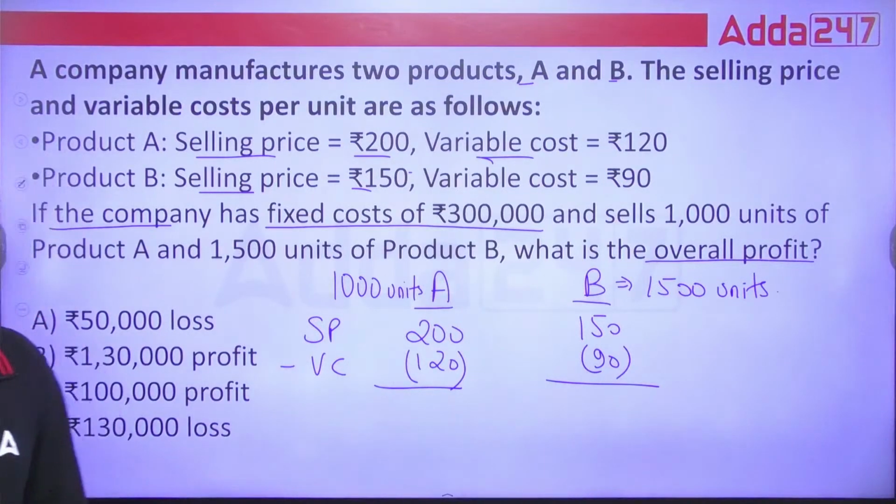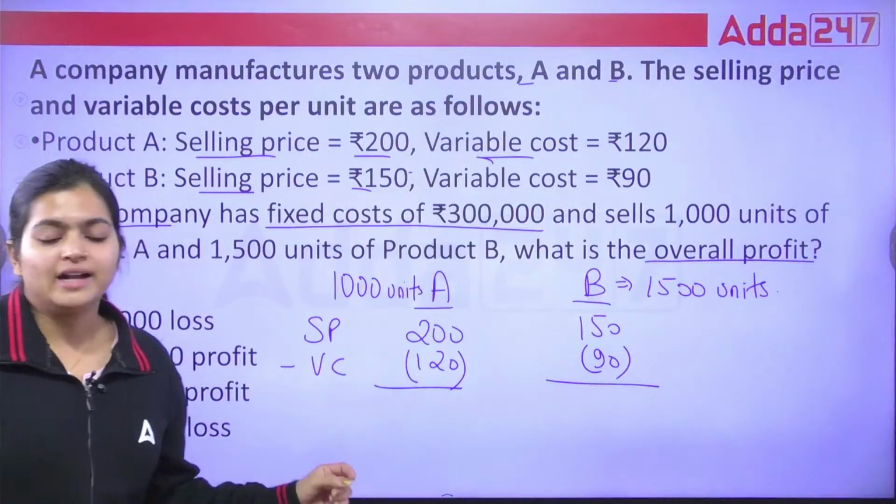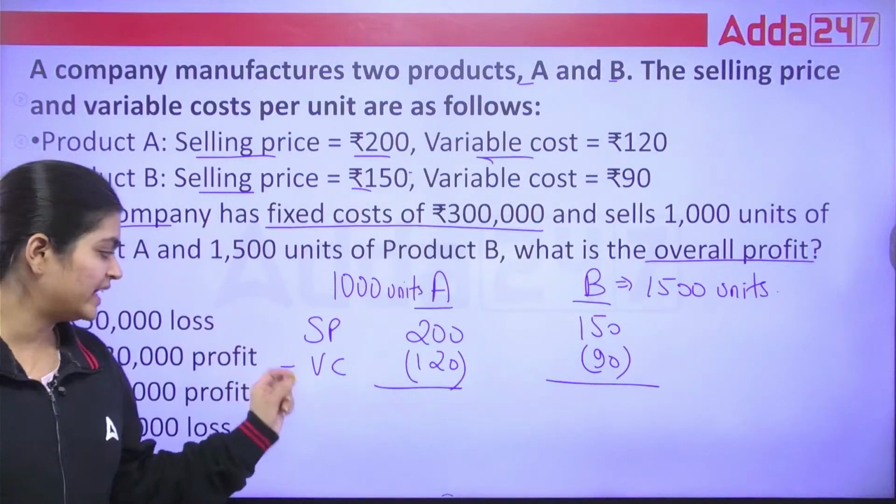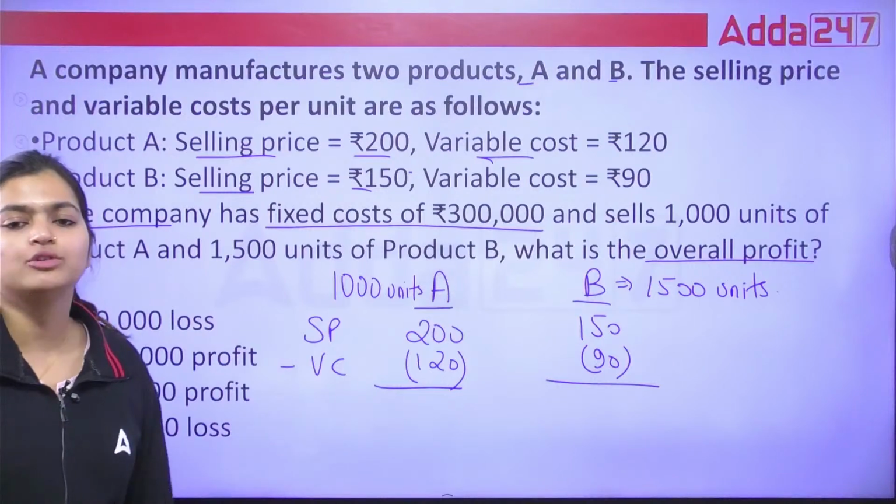Let's check this out. Which option is correct, B or D? Tell me, if we subtract variable cost from selling price, what do we get out of this?